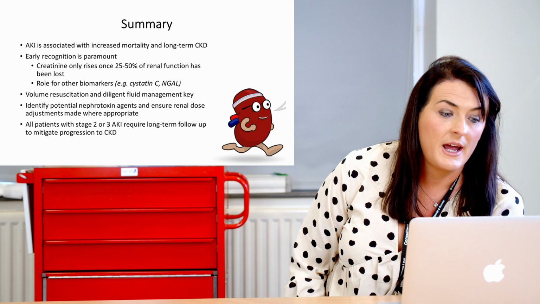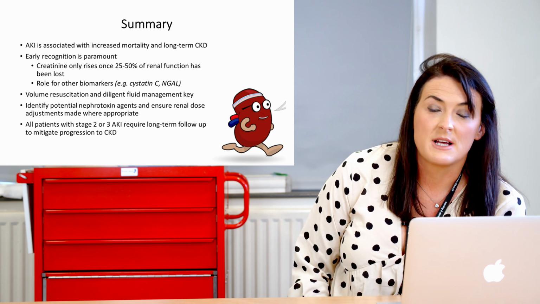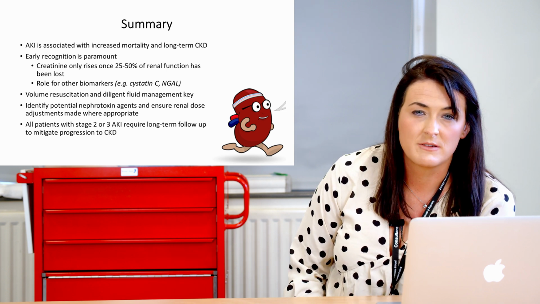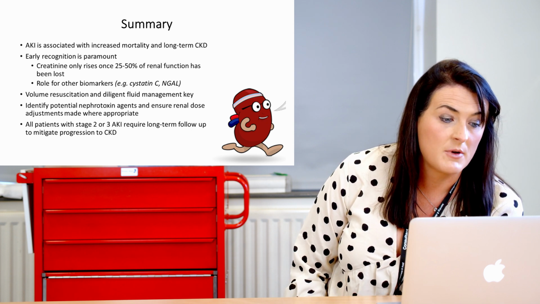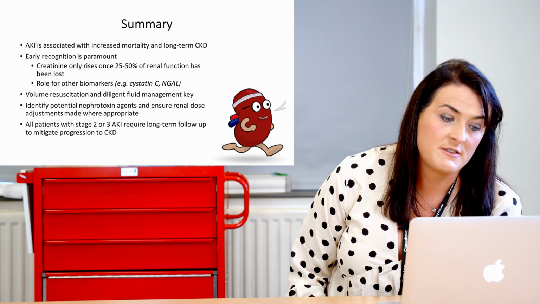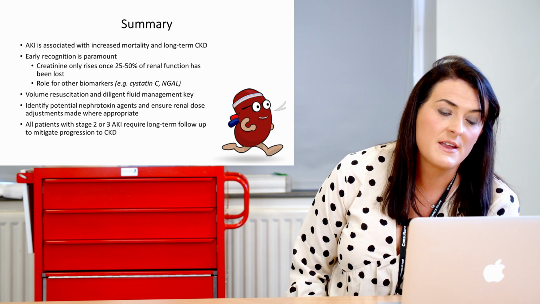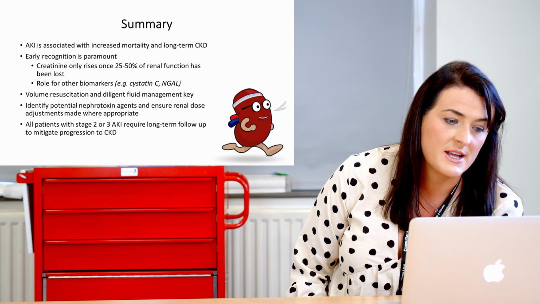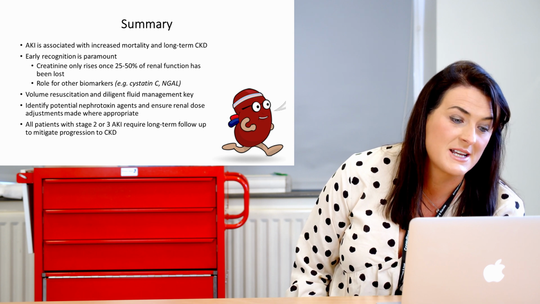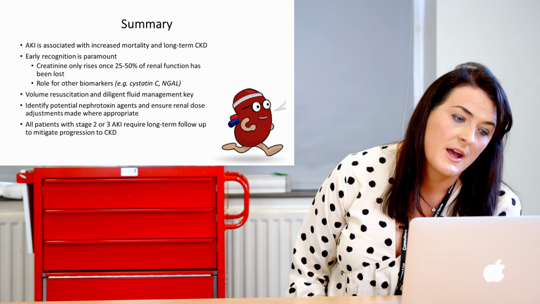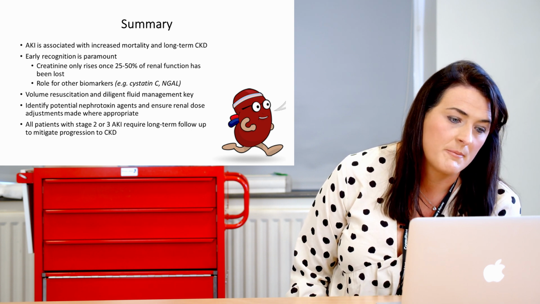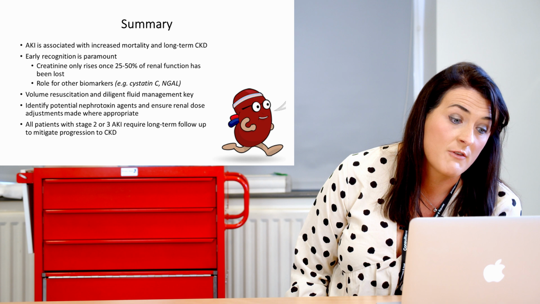So in summary, AKI is associated with increased mortality and long-term CKD, and I hope I have convinced you of that today. Early recognition is paramount. Creatinine only rises once 25 to 50% of renal function is lost, so taking a good history, looking at your drug history and getting families to seek medical attention early is important. There is a role for biomarkers, and future studies will evaluate those further.